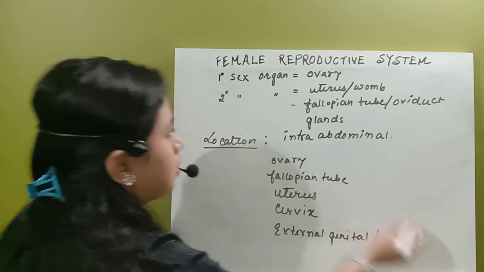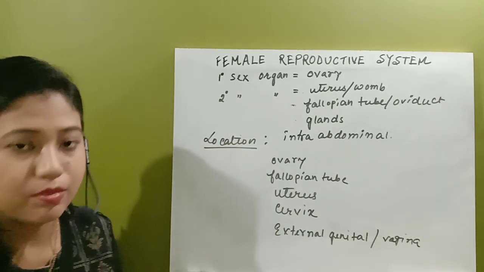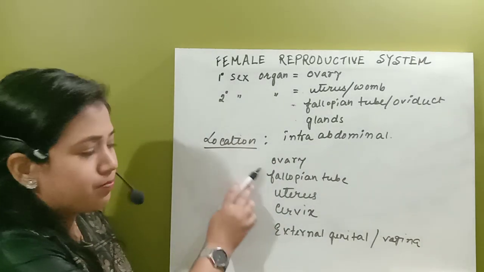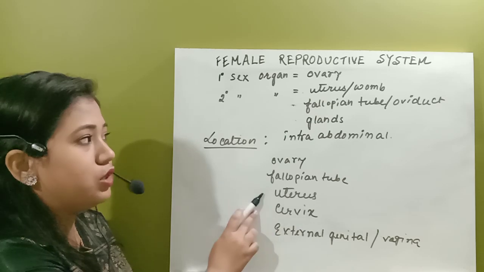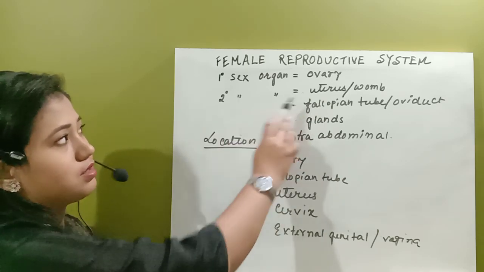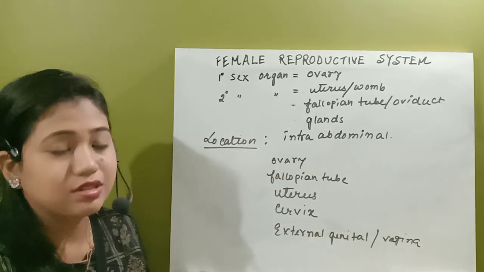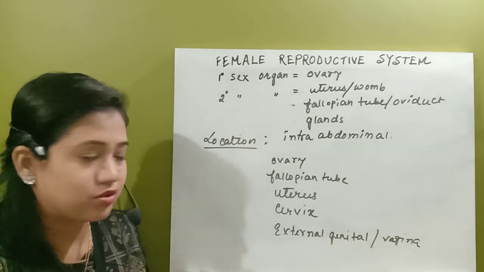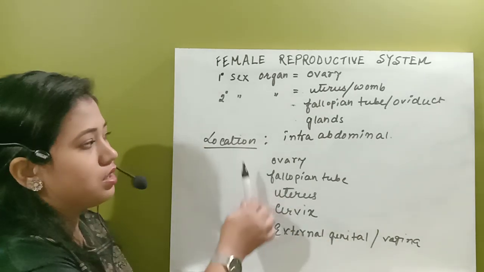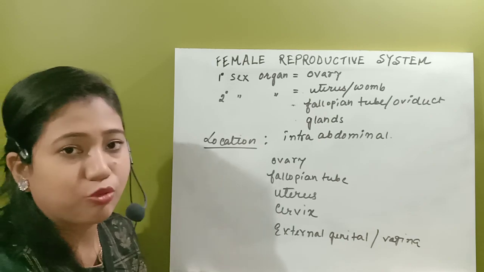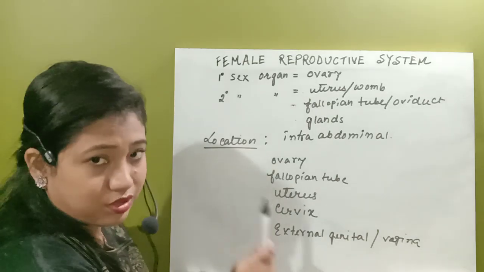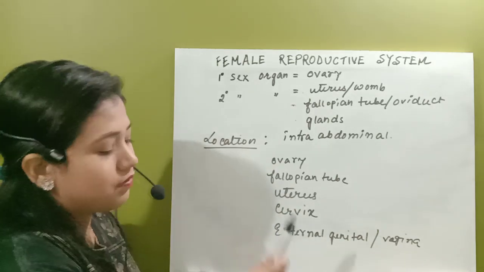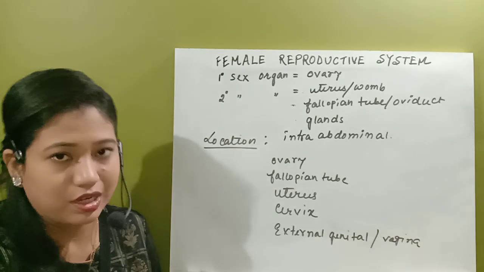So the female reproductive system includes a pair of ovary, a pair of fallopian tube, uterus, as we have seen in the secondary sex organs. The uterus is also a secondary sex organ. So it includes a single uterus, one cervix, and the external genitals.